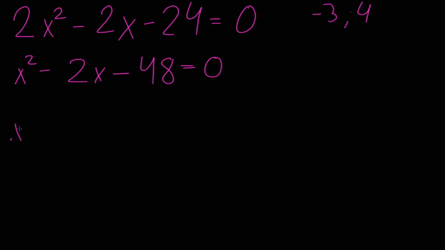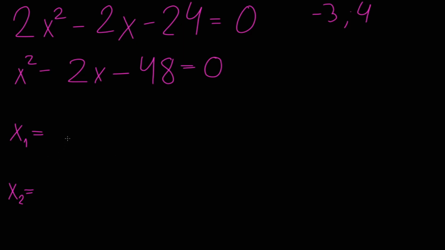Now we will use the quadratic theorem, or whatever you may call it, to calculate the two roots. The multiplication of these two roots should be 48, and the sum of these roots should be the opposite of b, which in this case is 2.